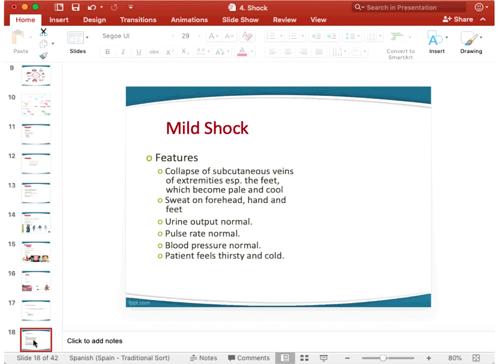Well, first, if it's a mild shock, the extremities are going to become a little cold because of the vasoconstriction. The pulse rate may be normal. The blood pressure may be normal. And it's a bit hard to recognize up to this point that the patient is in shock, but you have to be aware that he may be developing one.